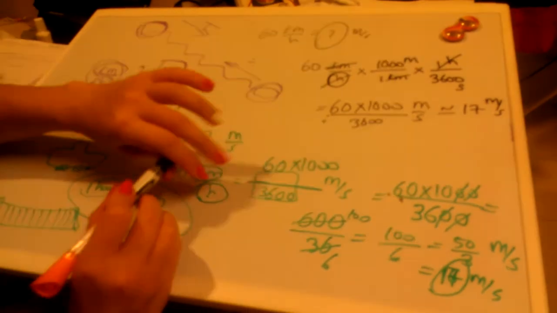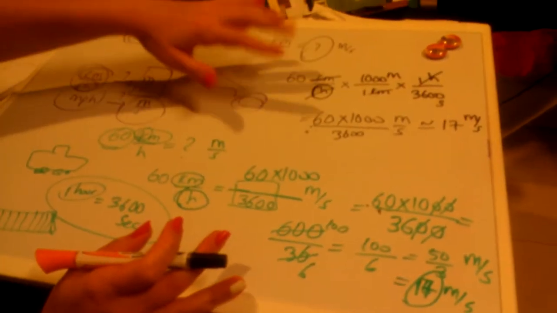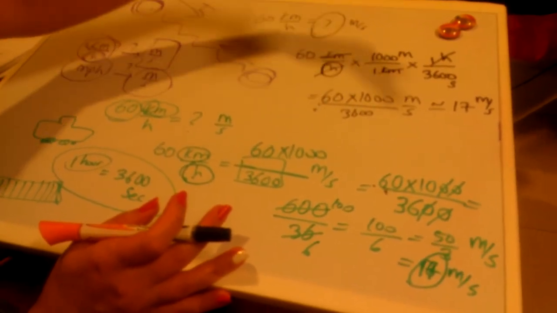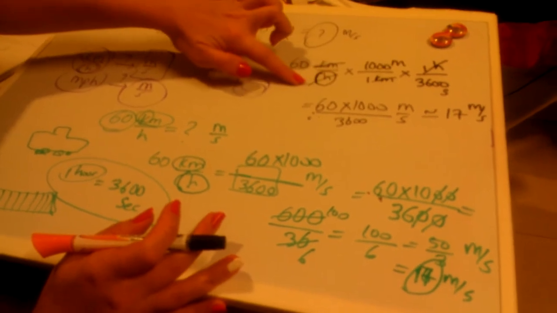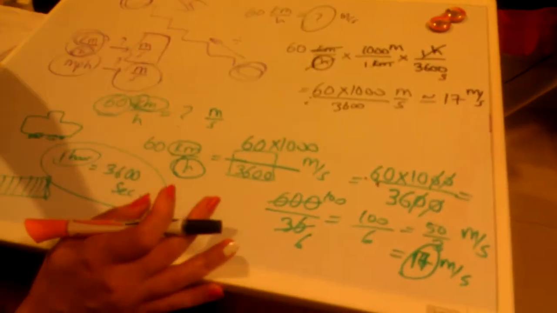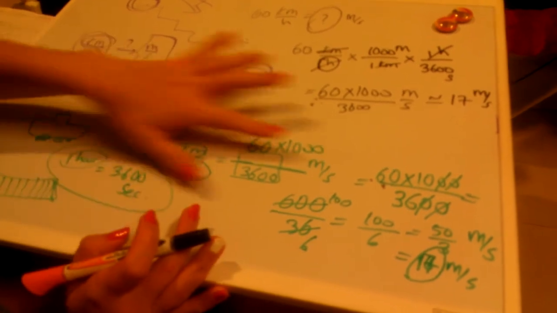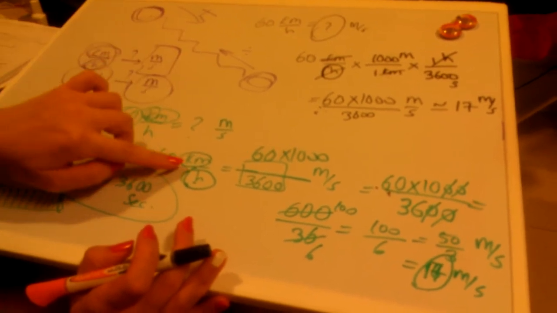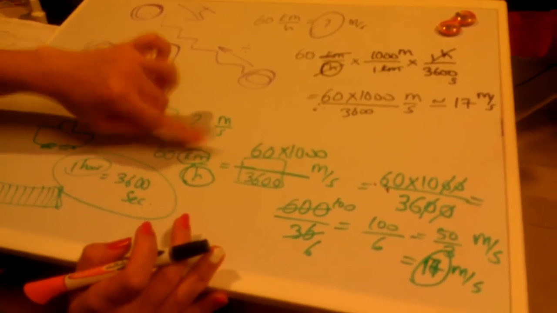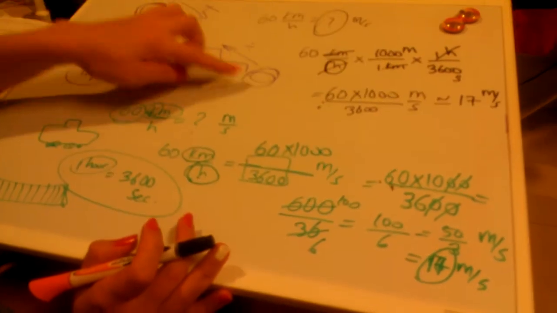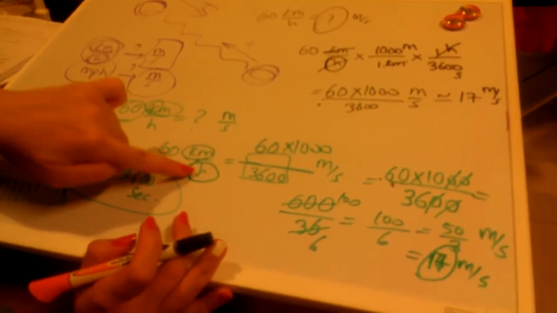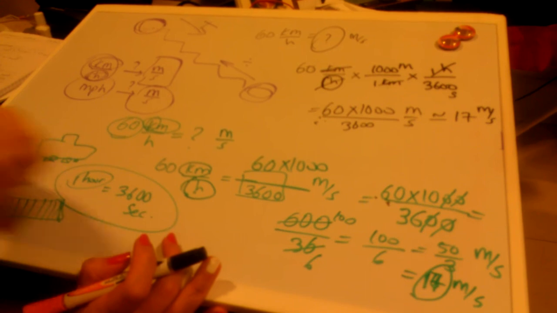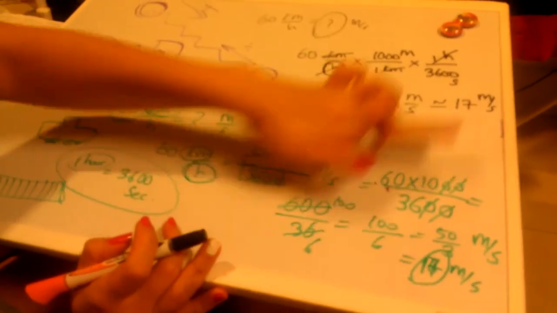So either way, it's totally fine. You either do this, where basically you see that the kilometer cancels out and the hour cancels out, and then you end up with meters per second, or, which I like this one way better because it gives me a better understanding of this whole thing, I convert kilometers separately to meters, doing my stairs, and then I convert hours to seconds, just the same as with the series method, separately, and I have to end up with the same results, okay?